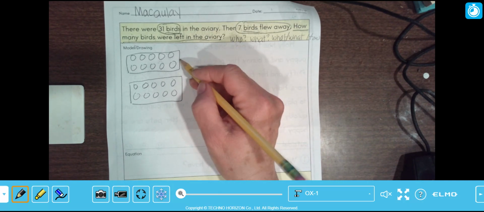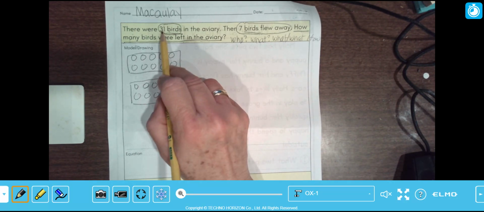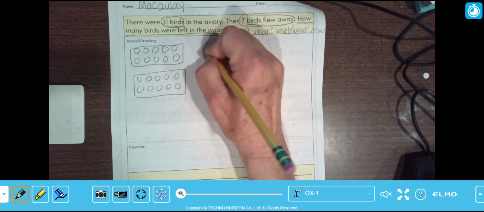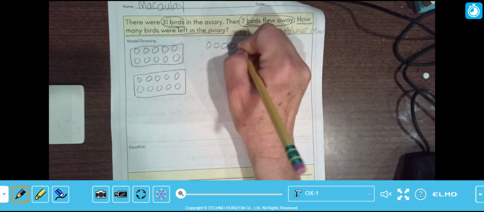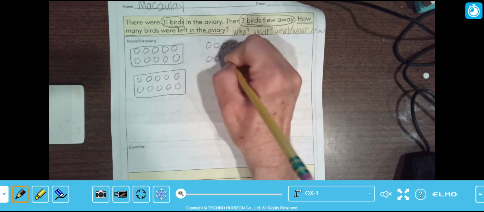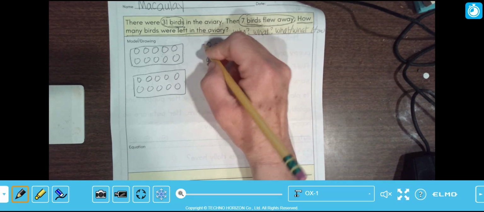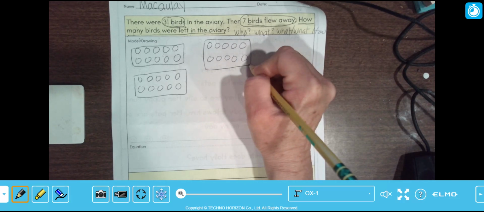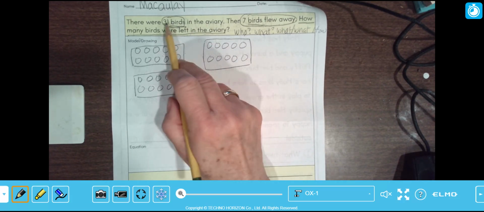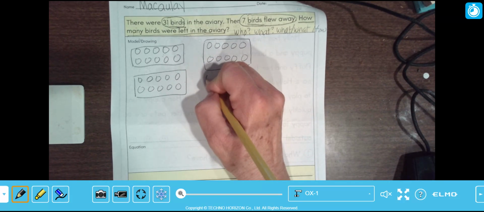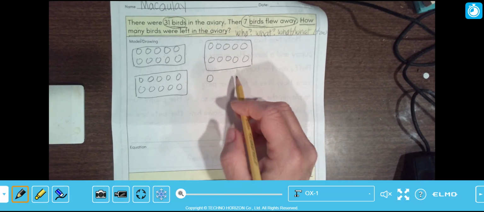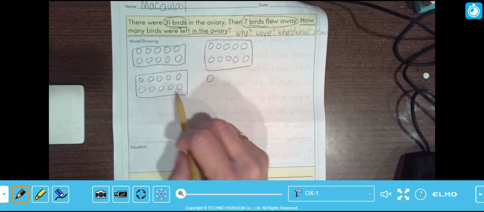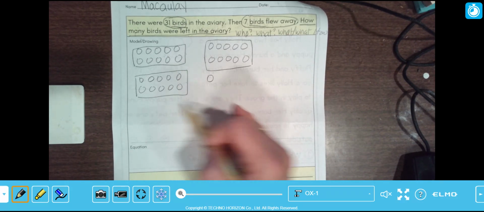I have 10 and I have 20, but I need to have 31, so I need another 10. 1, 2, 3, 4, 5, 6, 7, 8, 9, 10. Okay, but I need 31, so I need one more. Here we go. Now I have 31. So you go ahead and you draw 31 here in this area.